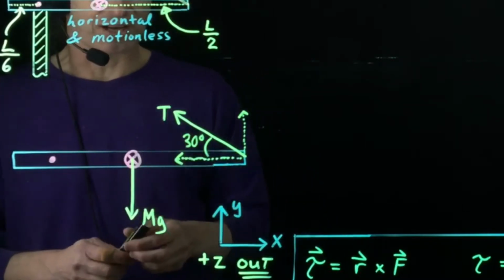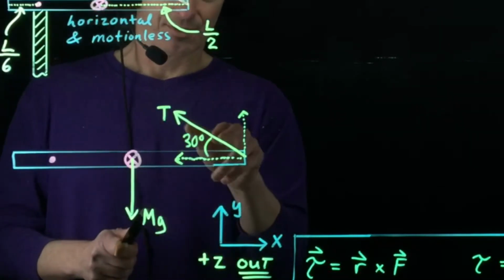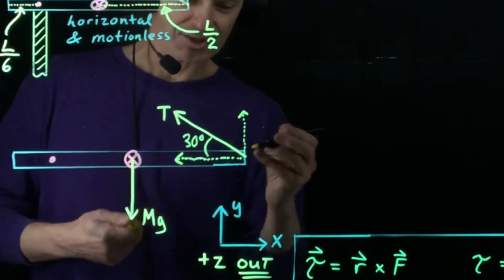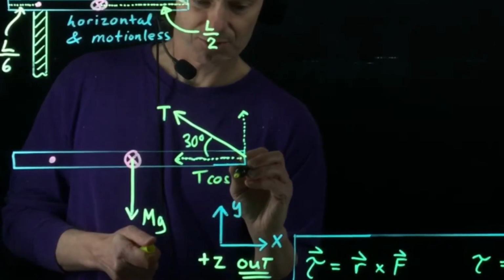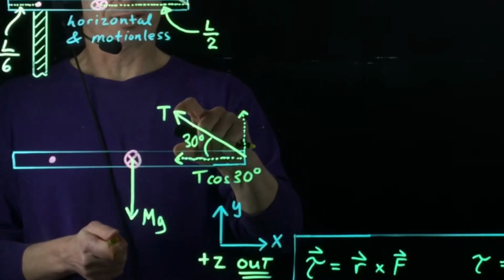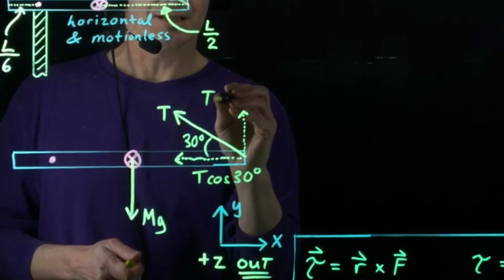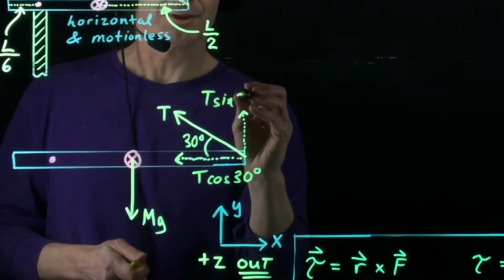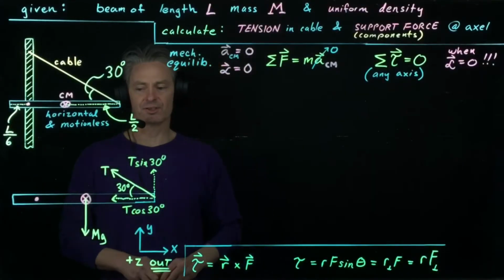Here's the side adjacent to the 30-degree angle where the hypotenuse is T. Adjacent side goes with cosine, so this has an amount T cosine 30 degrees. Meanwhile, this is really opposite the 30-degree angle, so this one has an amount T sine of 30 degrees. All right, great. So much for the tension force.